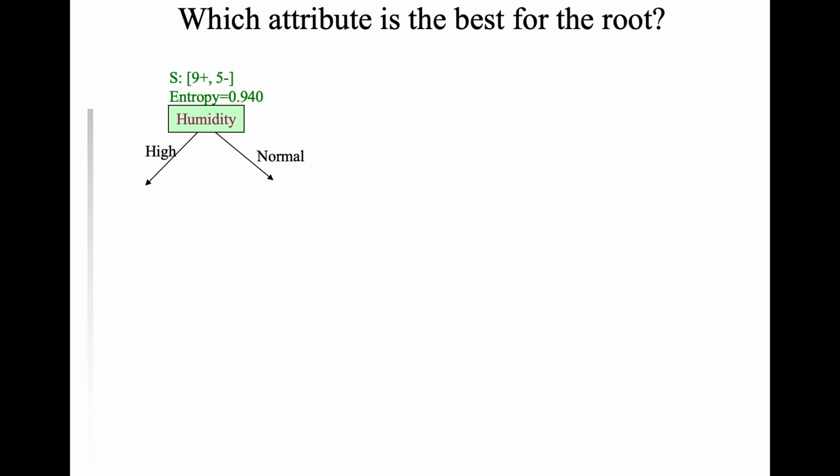So you have to go back to the table, this one. We had 14 days here, D1 to D14. Out of these 14 days, 9 of them belong to class yes, 5 of them belong to class no. So S is 9 plus and 5 minus, meaning 9 belong to class yes, 5 belong to class no.